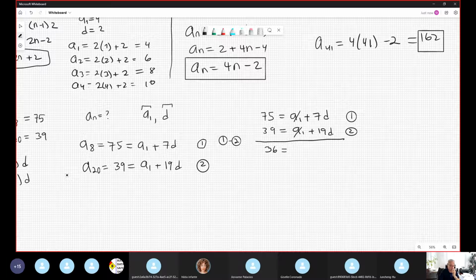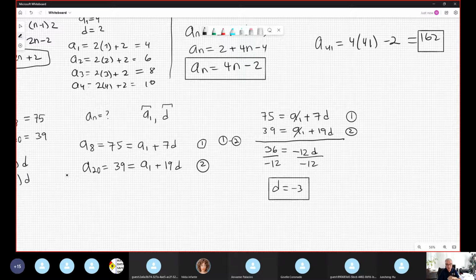And the d part is negative 12, because 7 minus 19 is negative 12, since you are subtracting equation 1 minus equation 2. Either way, guys, you can subtract 2 minus 1, it doesn't matter, but I subtract 1 minus 2 because 75 is a bigger number. Finally, divide by negative 12 on both sides. 36 divided by 12 is 3, but actually it's negative 3, so d is negative 3. And this is exactly what we predicted: the common difference is negative because our sequence is decreasing, it's going down.